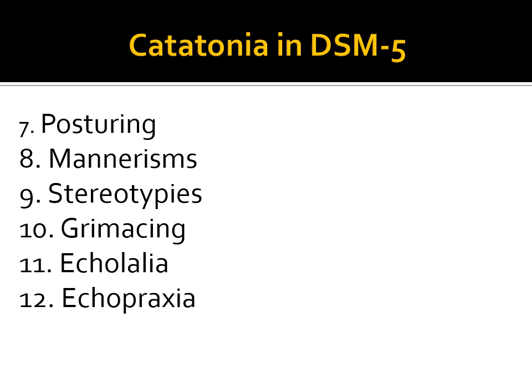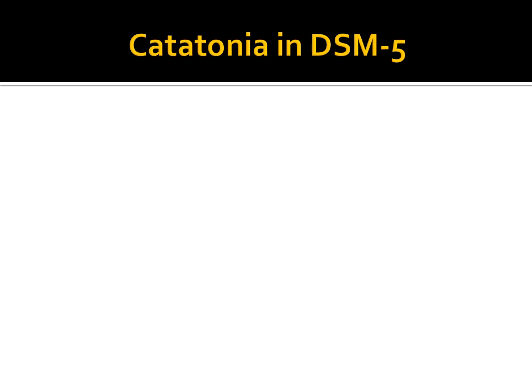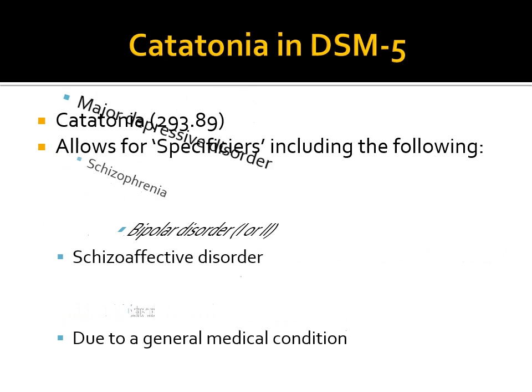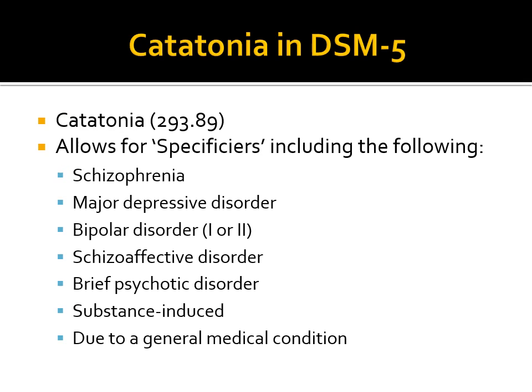And these are the other 6. And DSM-5 also allows you to specify the underlying cause of catatonia, which might be one of the following that I have listed on this slide.